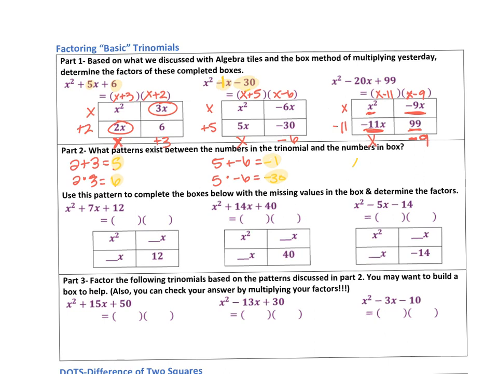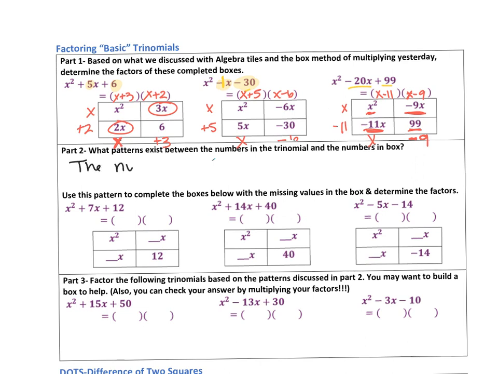All right, and one more time. The numbers negative 9 plus negative 11 and negative 9 times negative 11. That gives me negative 20 and 99, which you can see are the values here again. So, what is the pattern that exists between the trinomials and the numbers of the box?